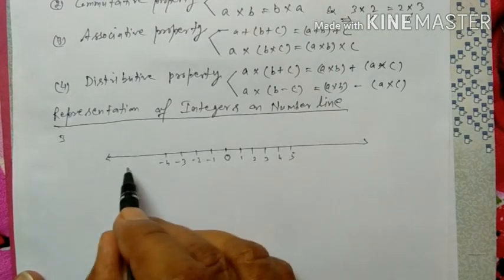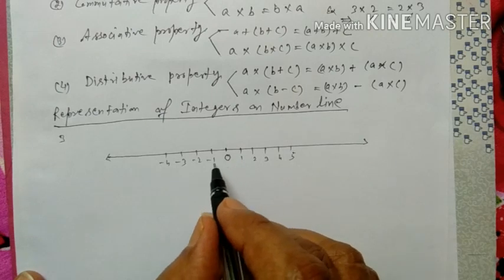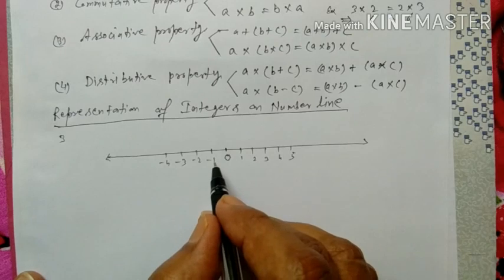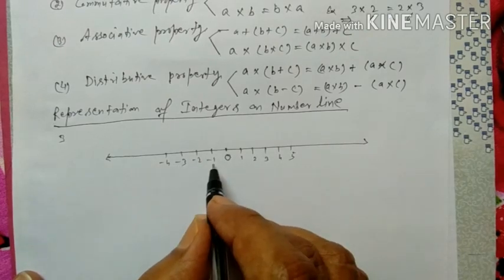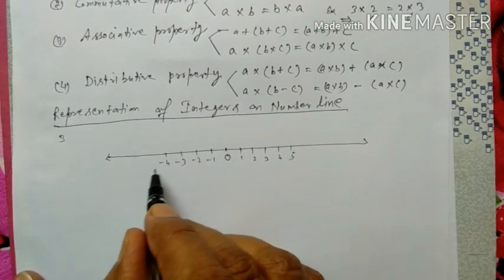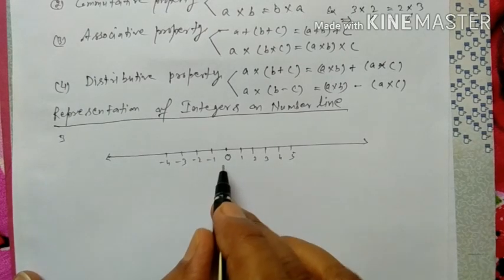You never write -1, -2, -3 in the right direction. The right position is in this direction: you start -1 from here, -1, -2, -3, and so on. This is the most important. Some students make a mistake here. They write from the other direction, -1, -2, -3.